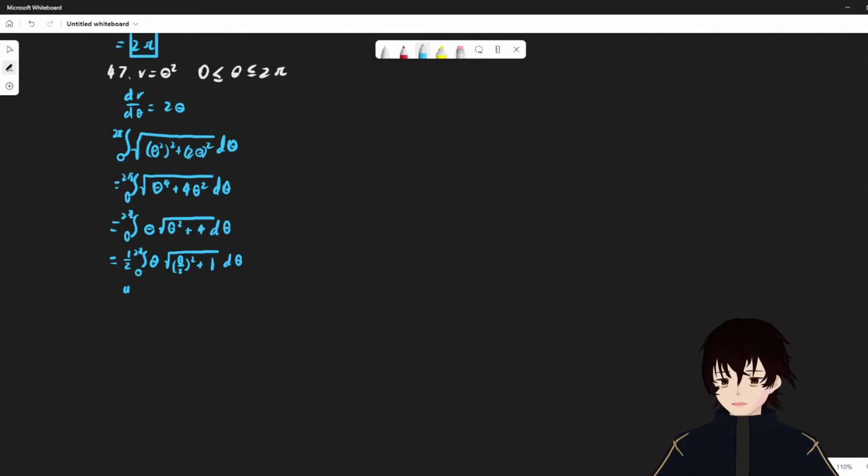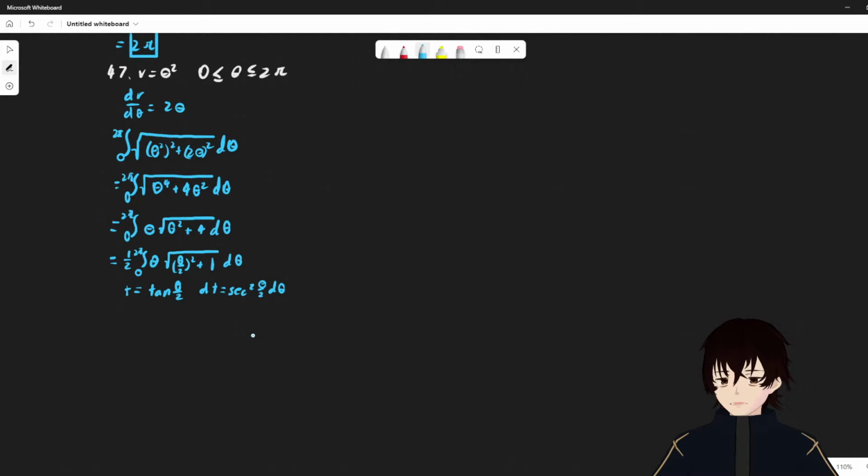And we say u is equal to, let's say t, let's use t instead. t is equal to tangent, it's plus 1, so tangent of theta over 2. dt is going to be equal to, hang on, secant squared theta over 2 d theta.